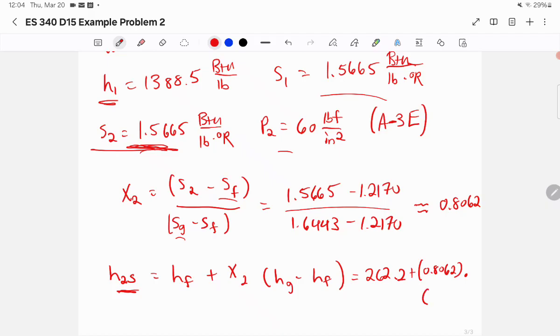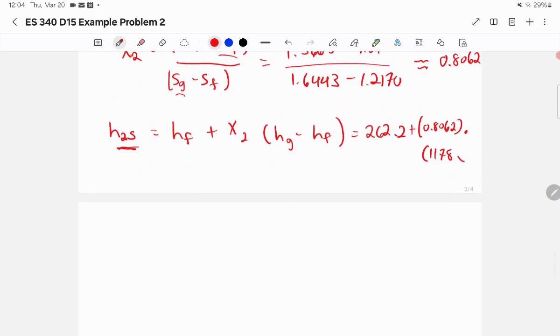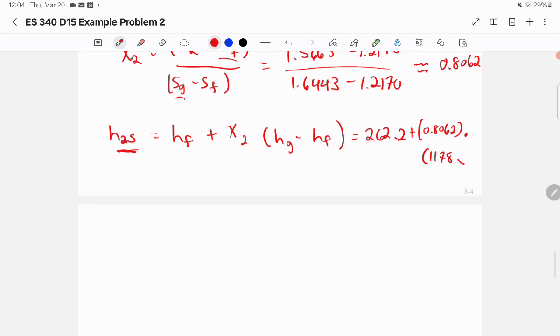and I'm just going to move it down here because I obviously didn't leave myself enough room. I apologize. 1178. That's my HG minus my HF, which is 262.2. And if I work that all out, that means my H2S, assuming that it was isentropic.